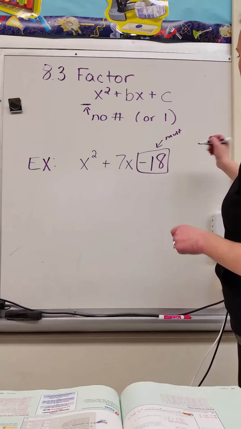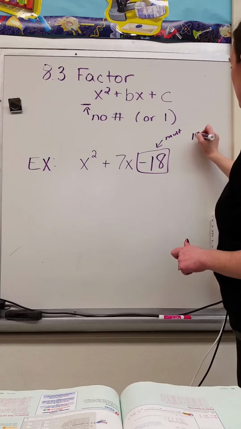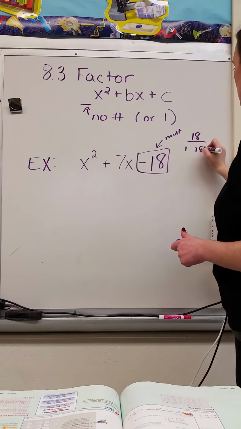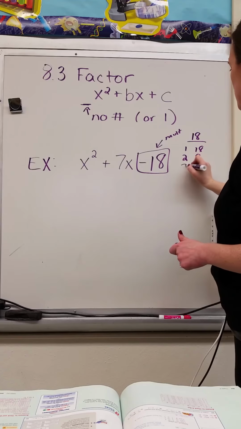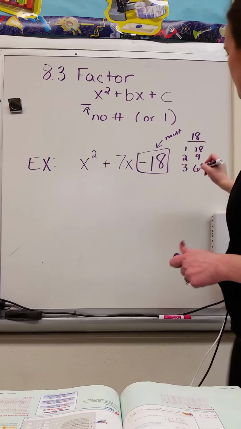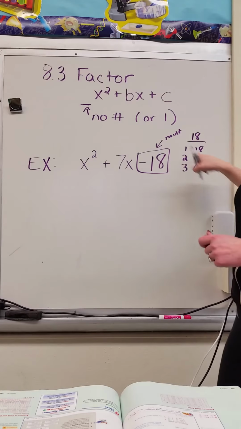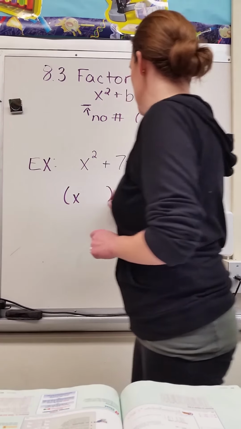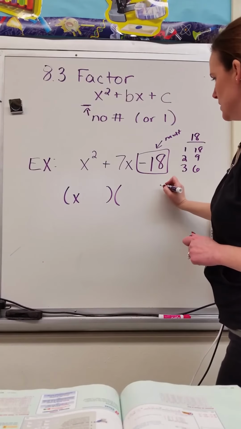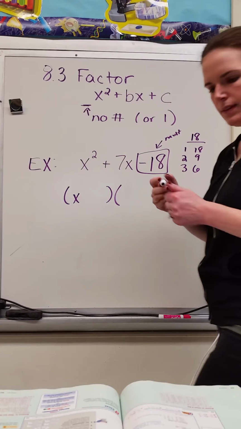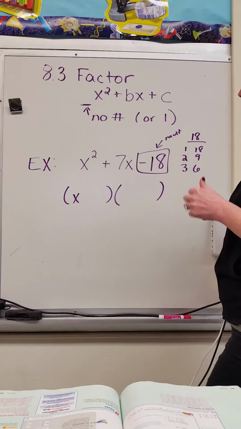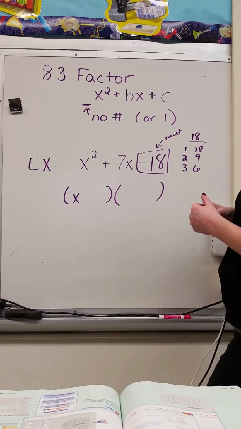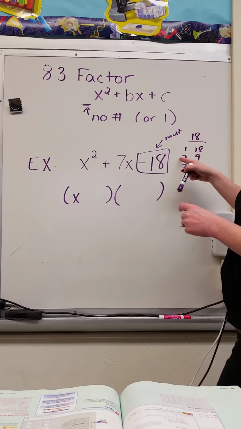So I still originally just list my factors of 18, but I'm thinking that one of these could be negative, and I have to get it to add to be a plus 7. So 2 and 9.